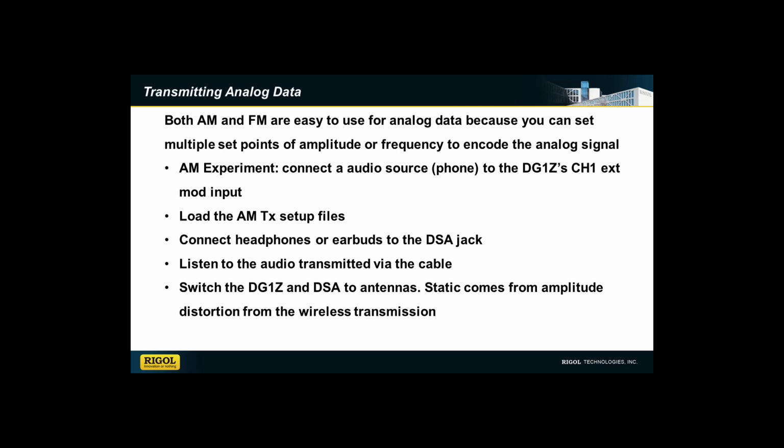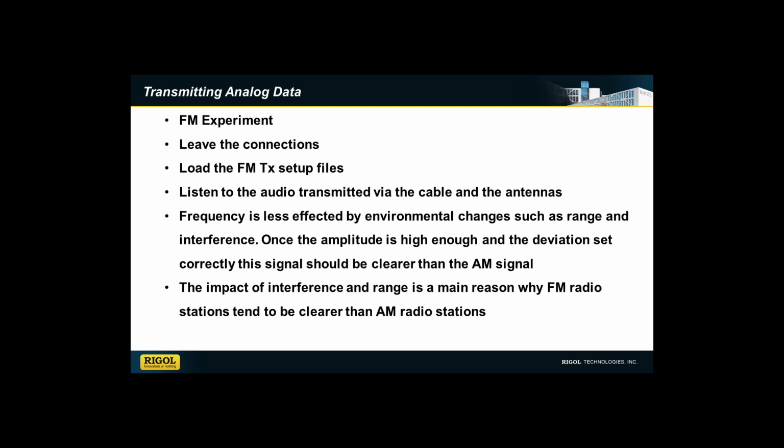Here we're going to use the external input for modulation on the back of the DG1Z, and we're going to use this audio source, really just like a phone, to put music into that AM and FM encoding. And then we're going to use the demodulation capabilities of the spectrum analyzer to pull that audio back after we've transmitted it encoded either in a cable or with a pair of antennas. And then we're going to do the same thing with the FM as well.